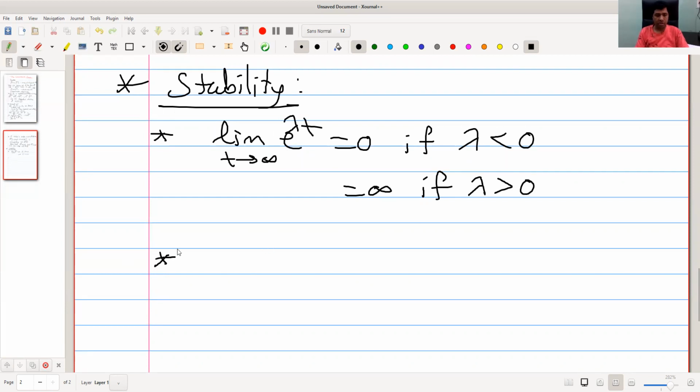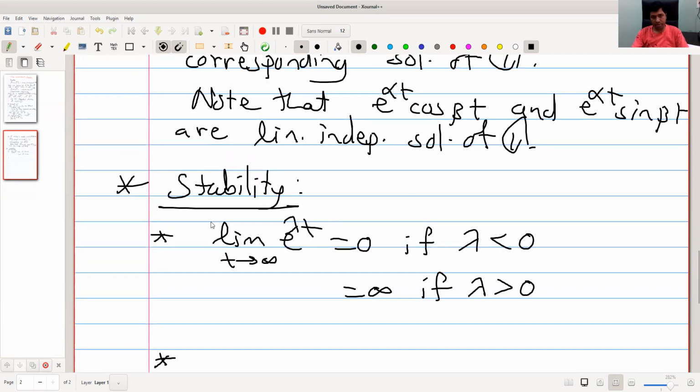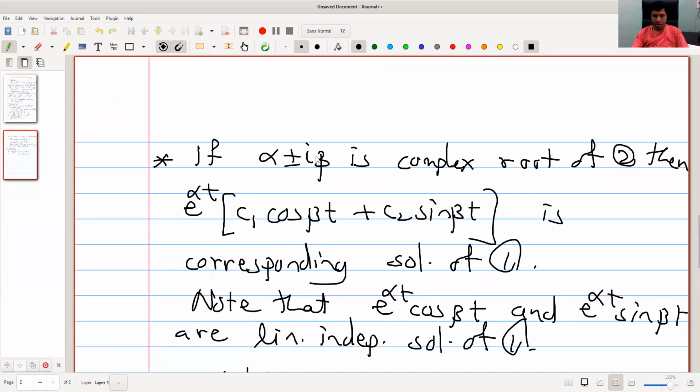Second important thing, suppose we have complex eigenvalue alpha plus minus i beta. If alpha plus i beta is an eigenvalue, then its conjugate alpha minus i beta will also be an eigenvalue. So such values appear as conjugates.